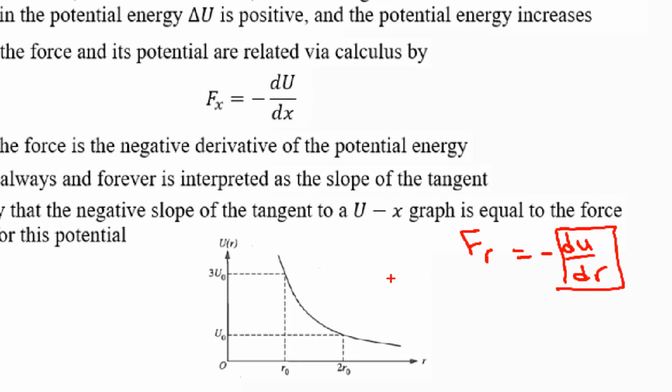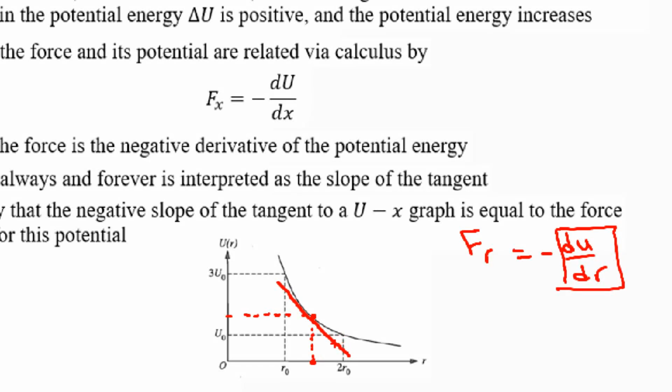For example, if you want to calculate the force at a specific position between r0 and double r0, we can take this point, which corresponds to the following point on the graph. Now here we can draw a tangent that touches the curve at only one point. This is a straight line.